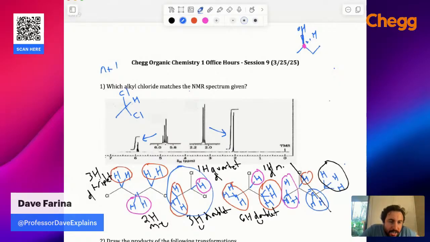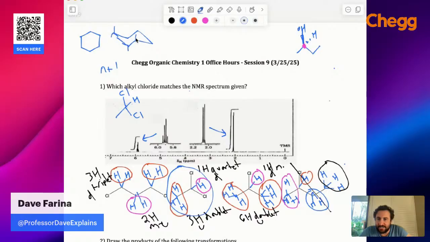Jen, Jupiter, chair and boat. So chair and boat and half chair and a few others, those are all different conformations of cyclohexane. So cyclohexane looks like this from the top-down view, but from the side view, the most energetically favorable conformation is the chair.